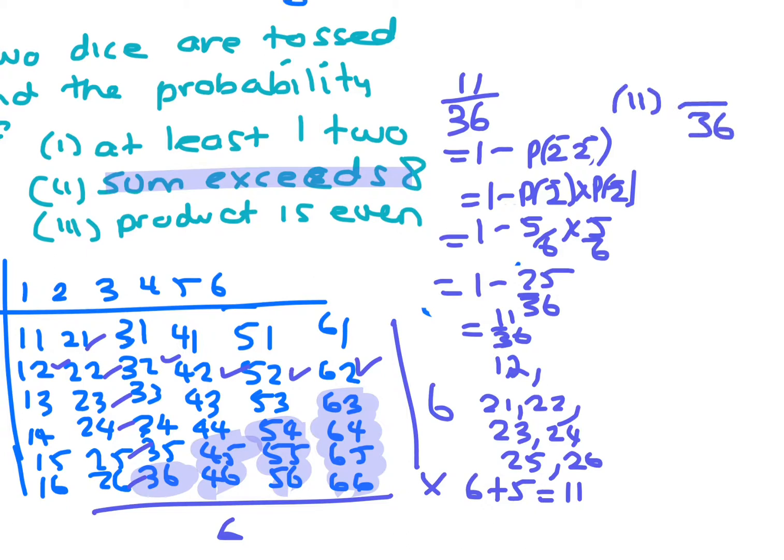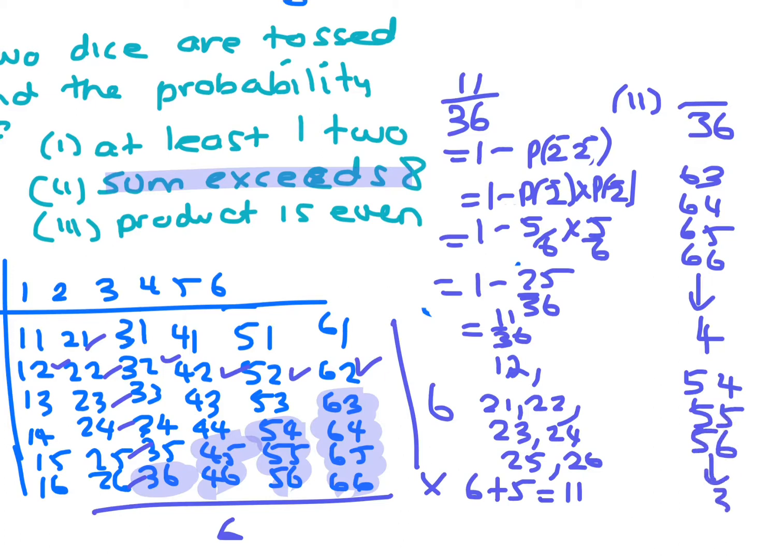So you'd just be going down each column and you go, 6 and what will give you something bigger than 8? So 6 and 3, 6 and 4, 6 and 5, 6 and 6. So that would be 4 options. And then you go to the 5's column and you'd mentally say, 5 and what will give you something greater than 8? So 5 and 4, 5 and 5, 5 and 6. So that'd be 3. And you kind of see the pattern there, can't you?